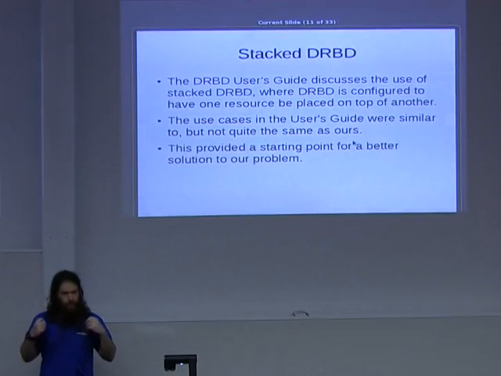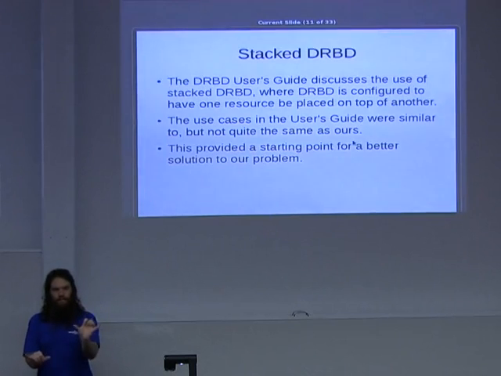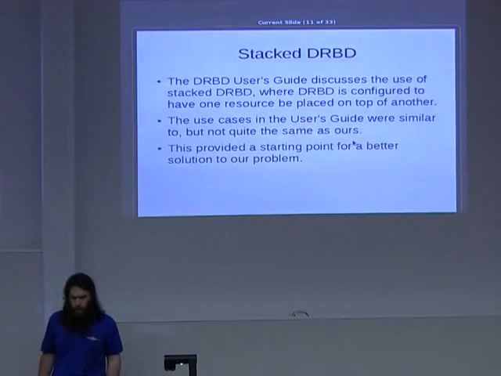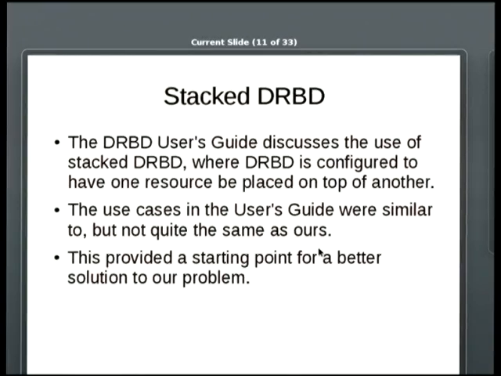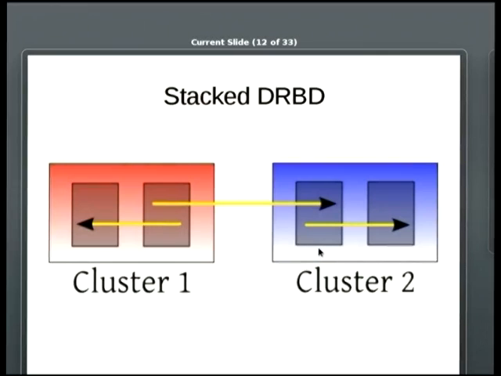So if you want replication between more than 2 nodes, you need a DRBD resource and then another one stacked on top of it. And the documentation describes quite clearly how you can do this with 4 nodes, which is what we had, 2 nodes of 2 clusters each. But the use cases in the user's guide were not quite the same as ours. So this provided a starting point for us.